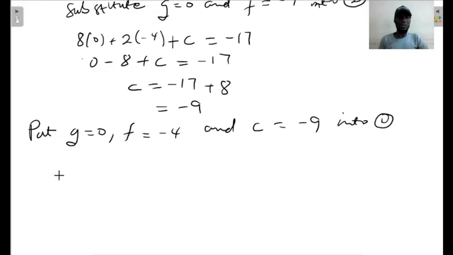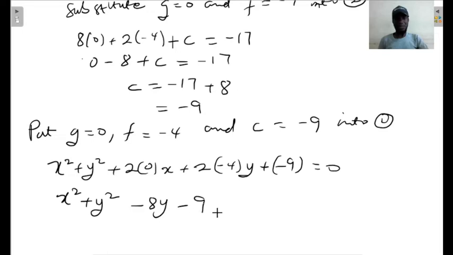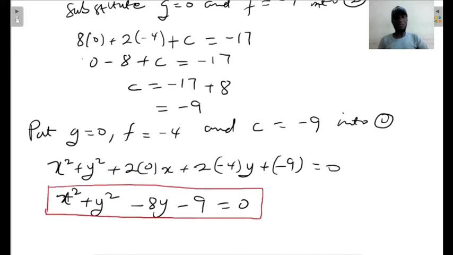Our equation 1 now becomes x squared plus y squared plus 2, our G is 0x, plus 2, our F is negative 4y, plus C is negative 9 equal to 0. This will give us x squared plus y squared, this is 0, so minus 8y minus 9 equals 0. And this becomes the equation of the circle we are looking for.